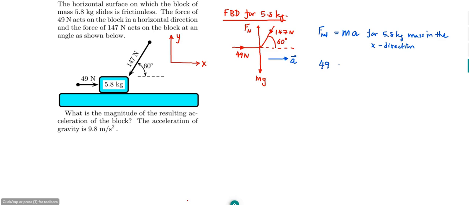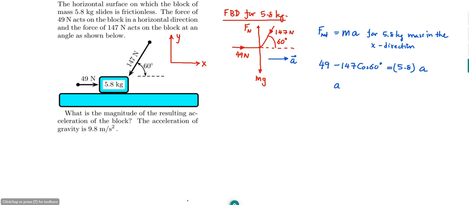As a result, I'm going to put minus 147 times that adjacent side component, which is going to be the cosine of that angle. And then this is equal to the mass of the object, which is 5.8, times the acceleration. So we can find the acceleration here.